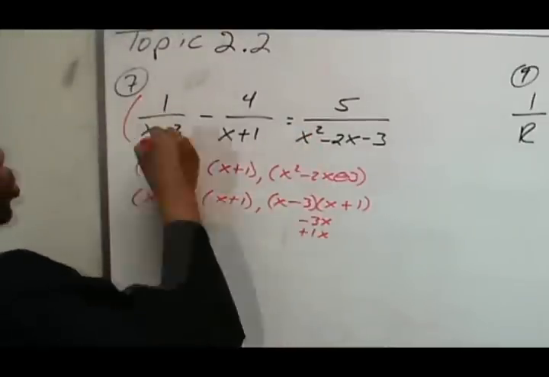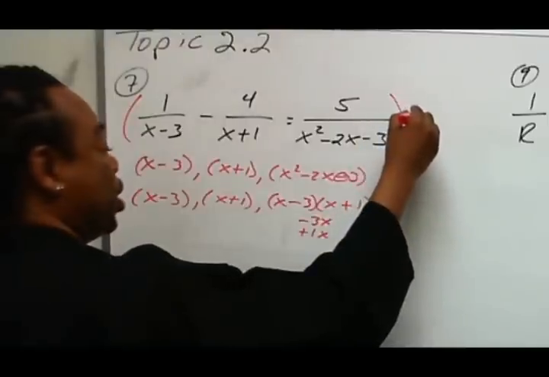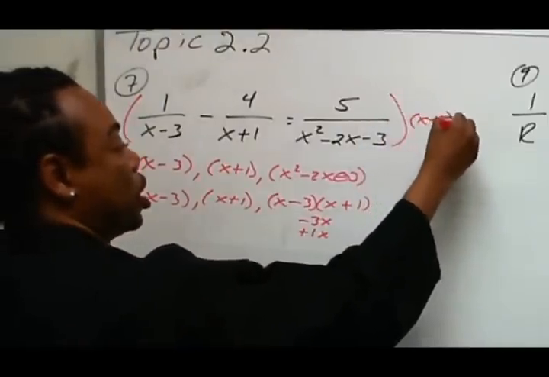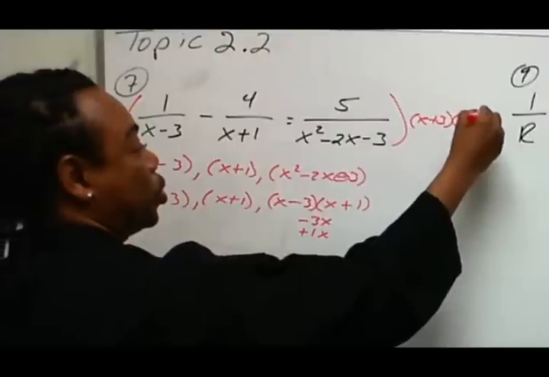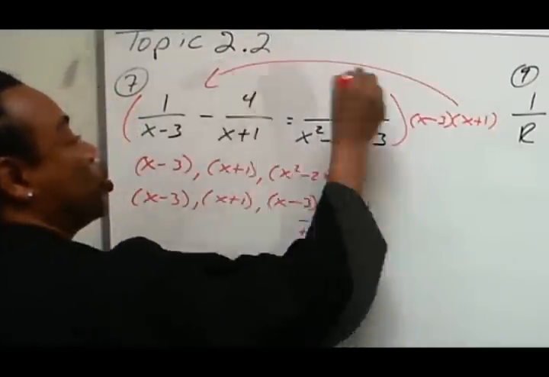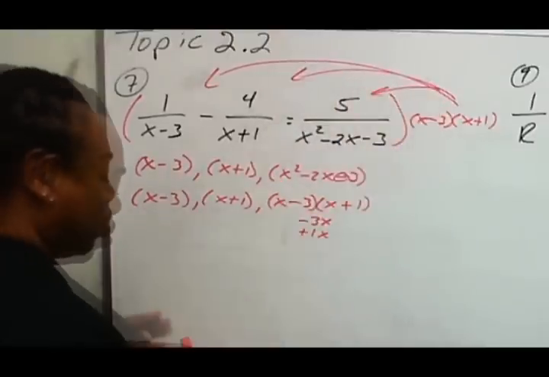Okay, so let's multiply everything by the x minus 3 and the x plus 1. I'm going to distribute that to all three terms.